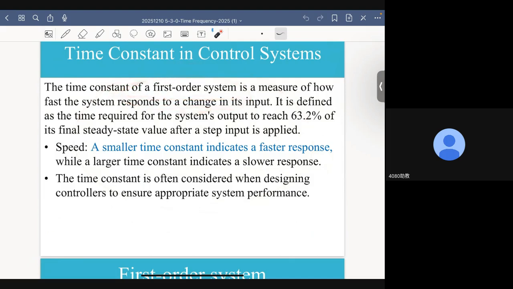This statement is, of course, true, but the concept of time constant is also applicable to higher order systems. In many cases, if you want to quantify how fast a system is, you provide its time constant.